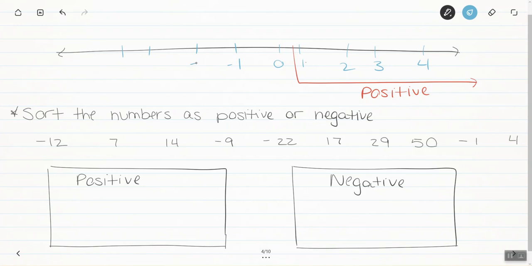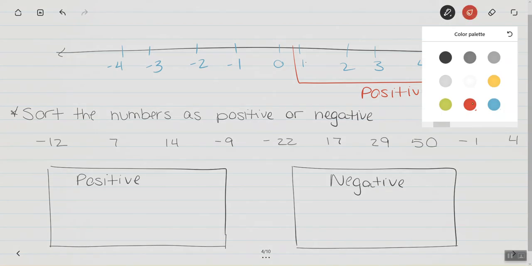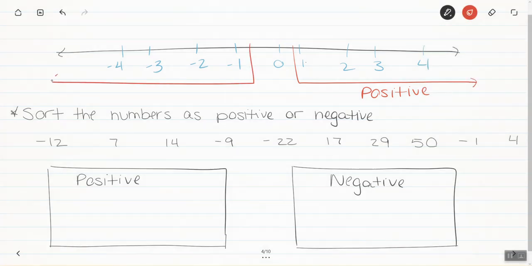And those are -1, -2, -3, and -4. Those are going to be all your negative numbers. So your negative is always going to be to the left, and your positive is always going to go to the right. And then always remember that 0 falls in the middle.